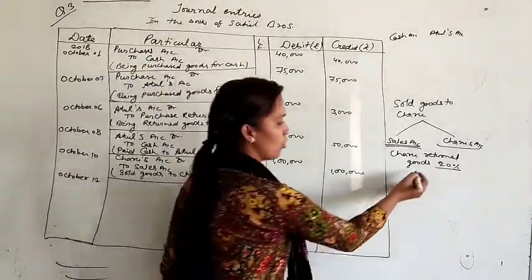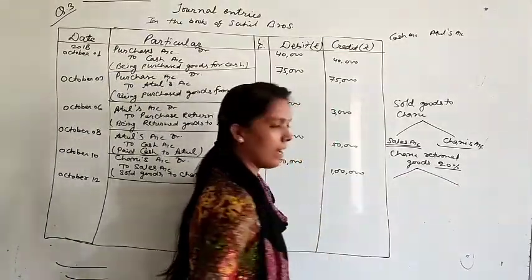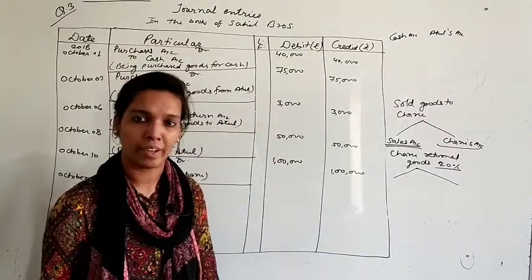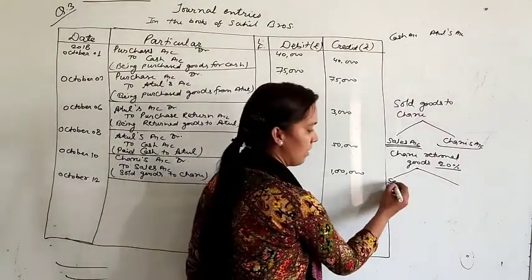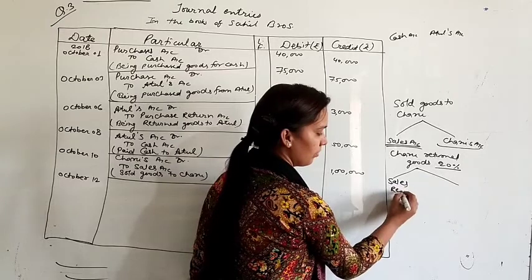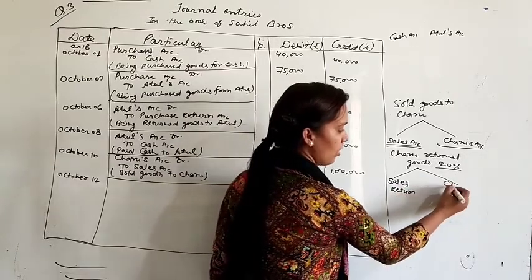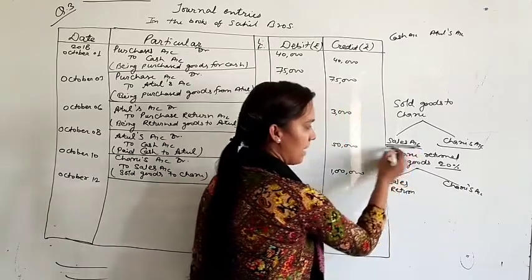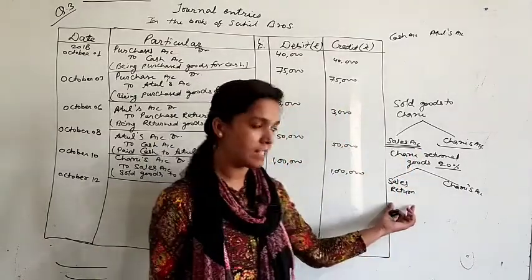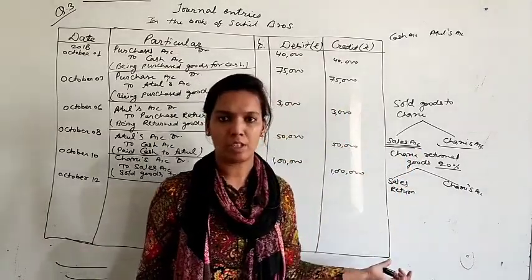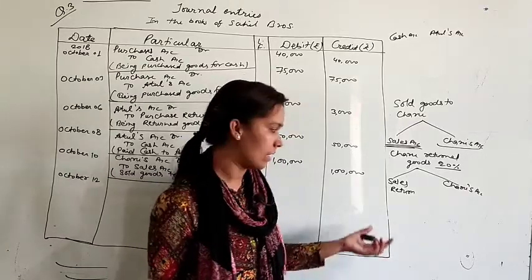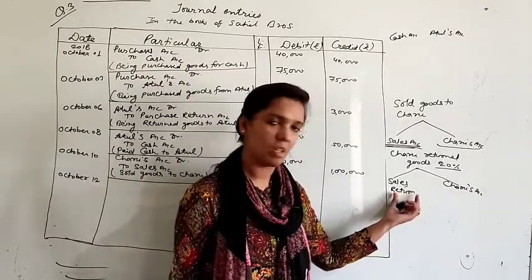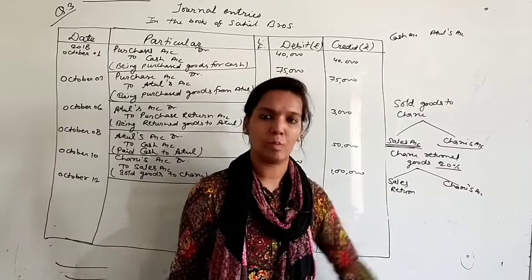Okay. So first of all, you should know what two accounts are affected here, that is sales return and Charu's account. Sales is income for us, so sales return will be expense or loss for us, whatever you can say. So the expense will be debited and the second account will be credited.